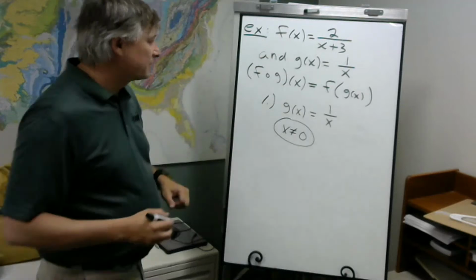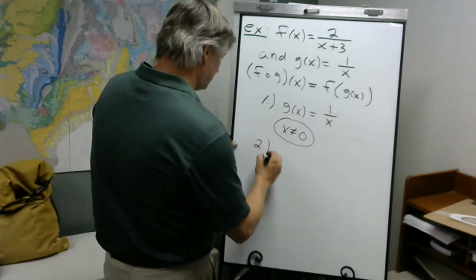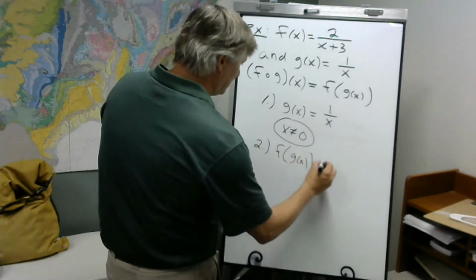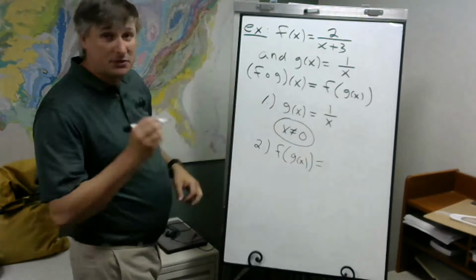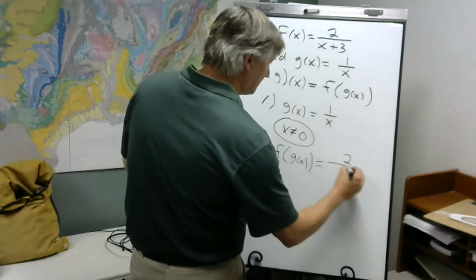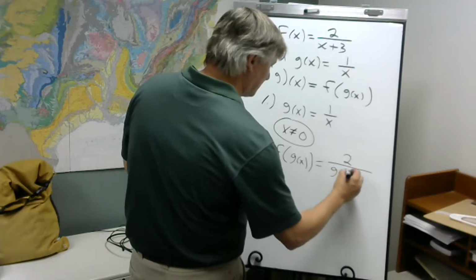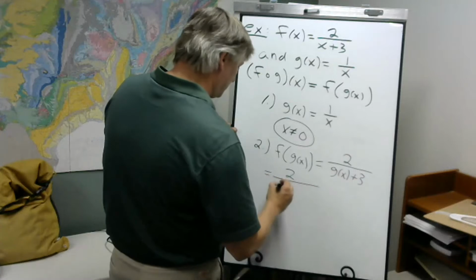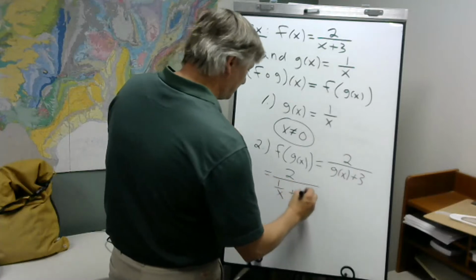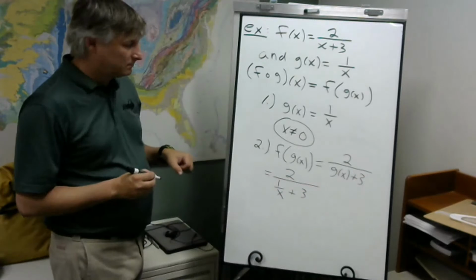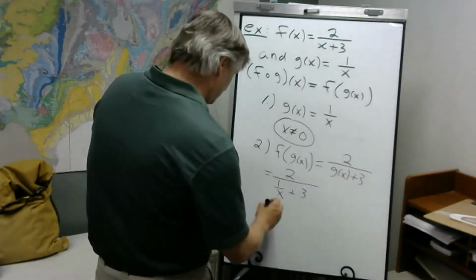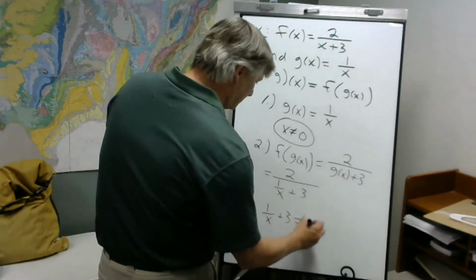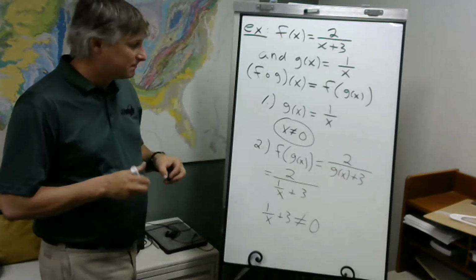Now, for f of x, f composition g of x means you're going to replace the x with g of x. Which is 2 over 1 over x plus 3. I want to make sure 1 over x plus 3 is not equal to 0.